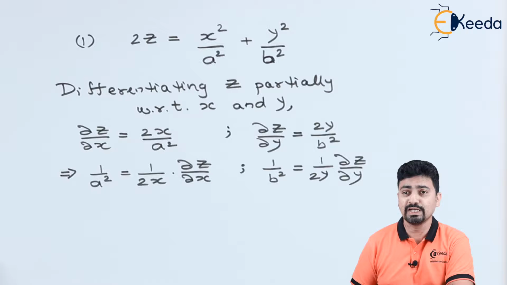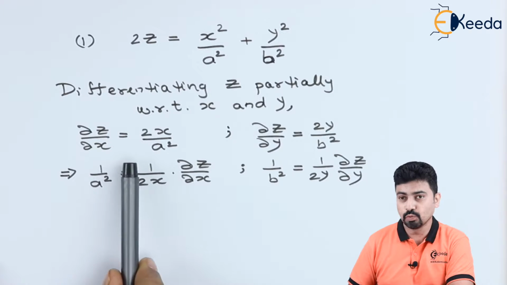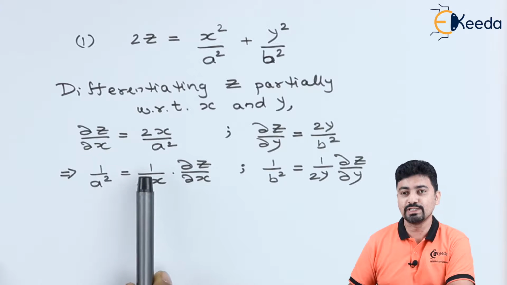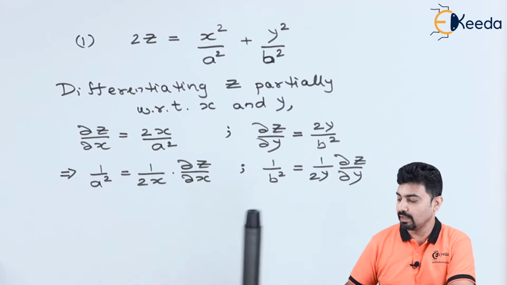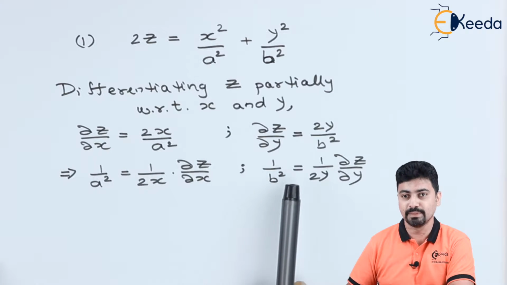Thus, differentiating z partially with respect to x, we got 2x upon a square, and differentiating z partially with respect to y, we got 2y by b square.